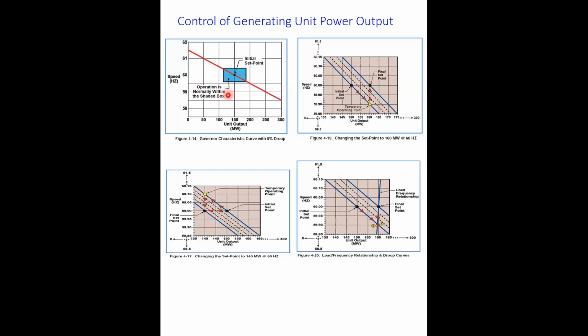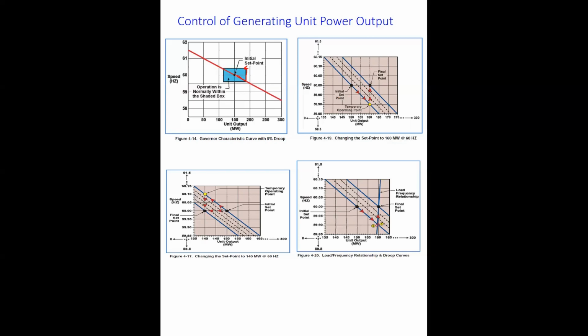So thus we had the characteristic, as you can see it moves in this direction. If you have 160 megawatt, the characteristic moves in this direction, then again it is to this point. So that was the operating point here, which was this one.